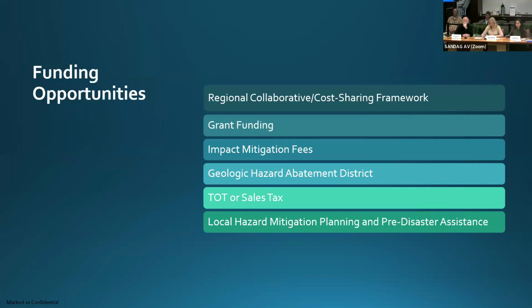We've looked very closely at a regional cost sharing framework. So participating agencies, similar to the Regional Beach Sand Project here in SANDAG, would share in costs for projects based on mileage or cubic yardage of a sand project, for example. We've also just touched the surface, I think, in looking at TOT or sales tax approaches. Not sure yet if we have the political will or community support for that type of approach, but it remains on the table.